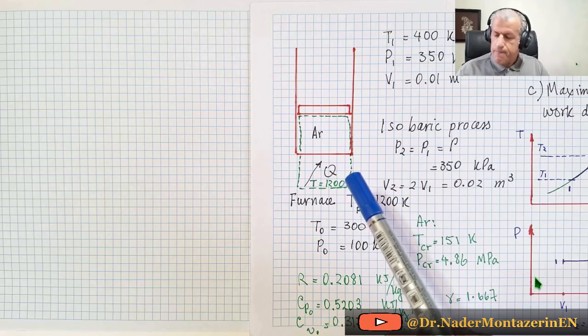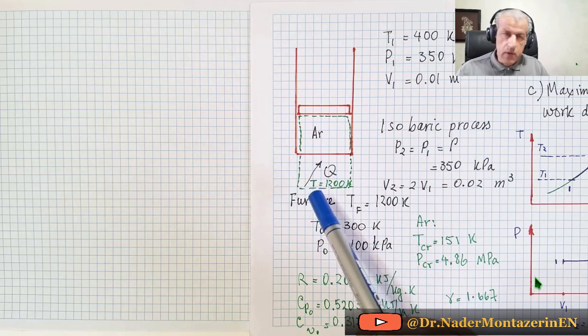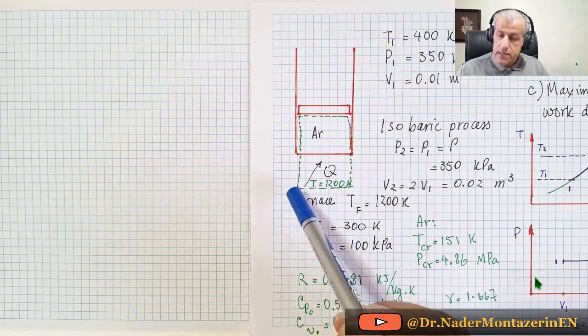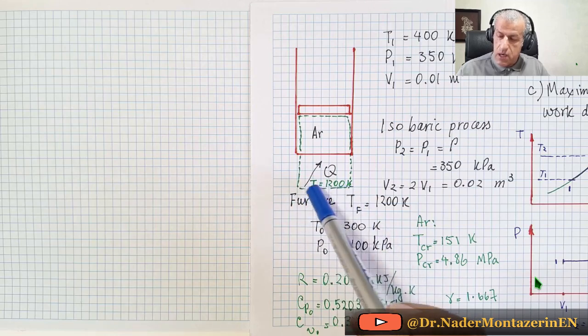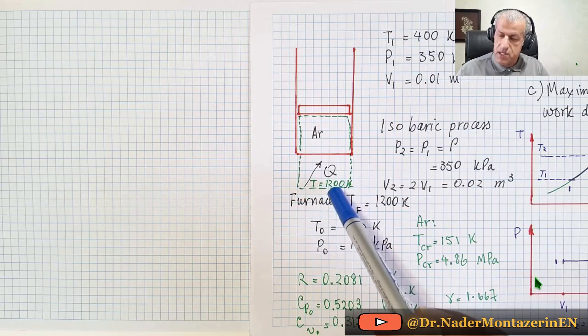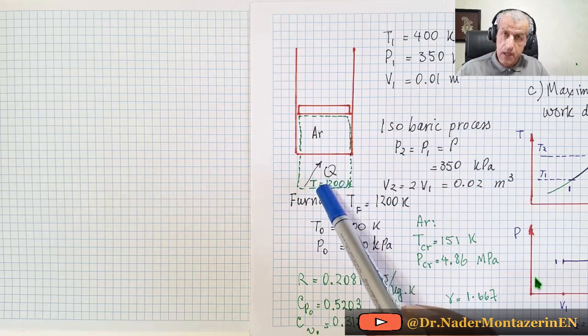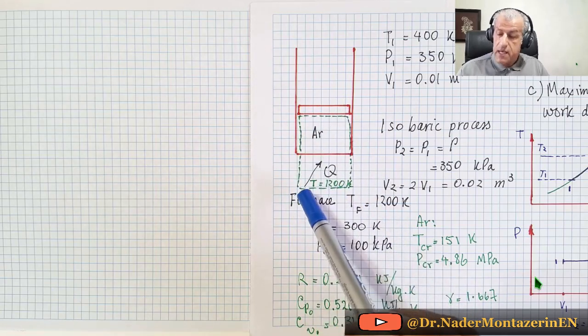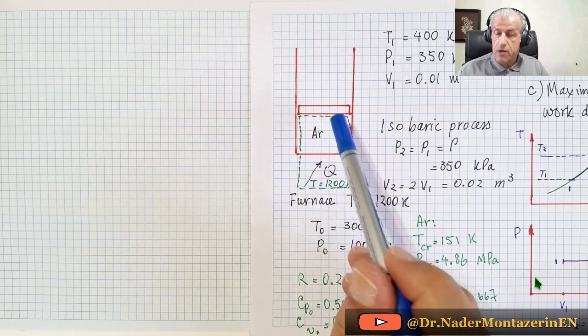First, what I did was to select my heat transfer boundary on the furnace. I said that its temperature is 1200 K. This basically included all irreversibilities in the process inside this boundary.